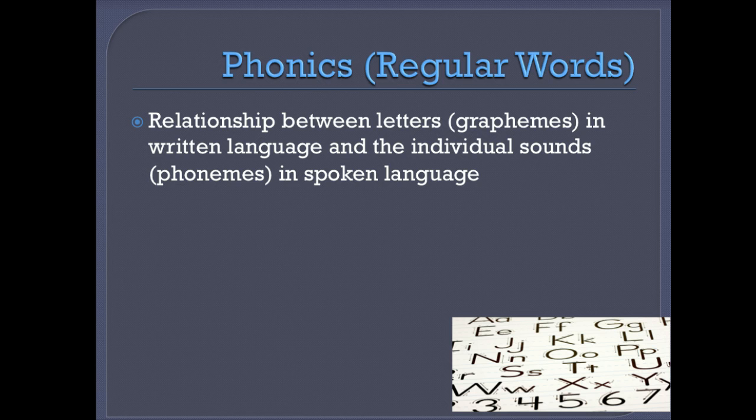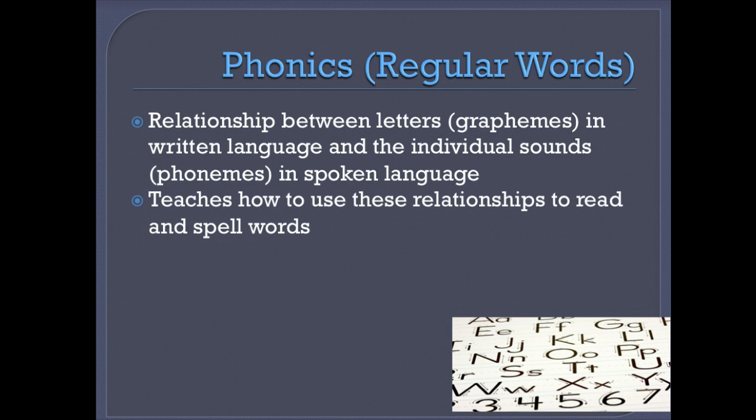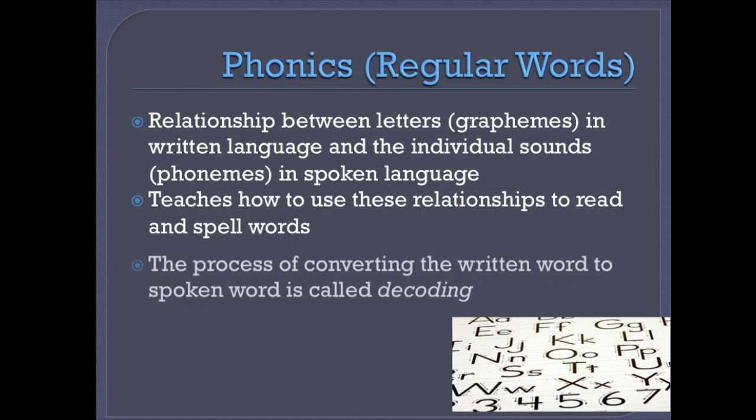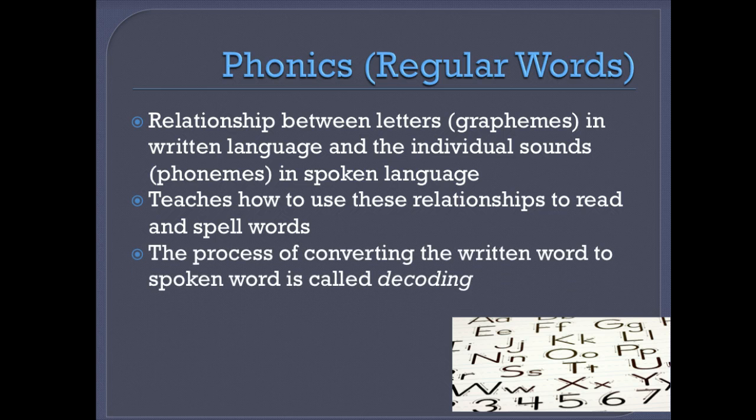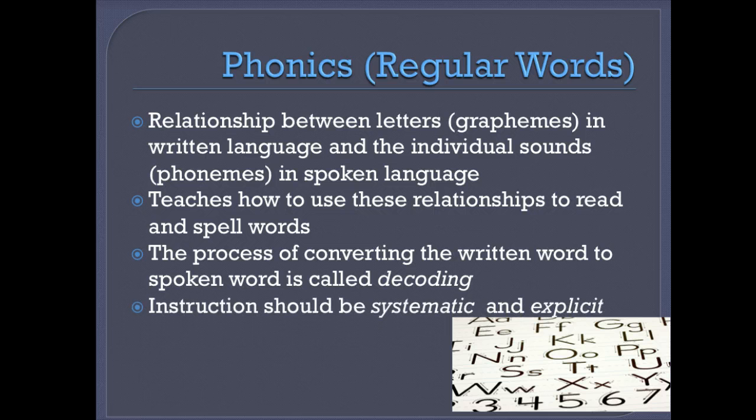Phonemic awareness was purely the manipulation of phonemes without graphemes, but here they're making the connection that letters do make sounds in spoken language. Phonics teaches how to use these relationships to read and spell words. The process of converting the written word to spoken word is called decoding. Instruction should be systematic and explicit.